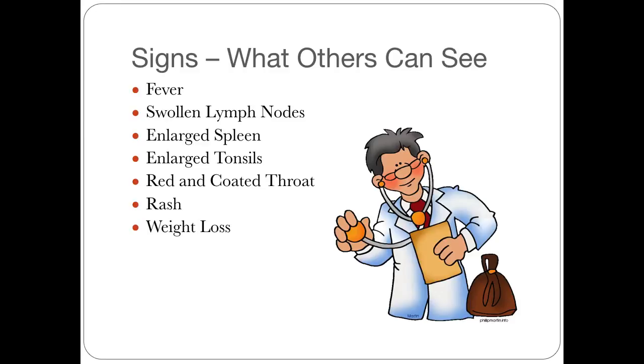Those include the fever, swollen lymph nodes, enlarged spleen, enlarged tonsils, a red and coated throat, rash, and weight loss. And right now, I'm going to say that for the next couple slides, viewer discretion is advised, because we're going to show you some of the signs. If you have a weak stomach, they're pretty ugly. Yeah, they're a little bit intense.